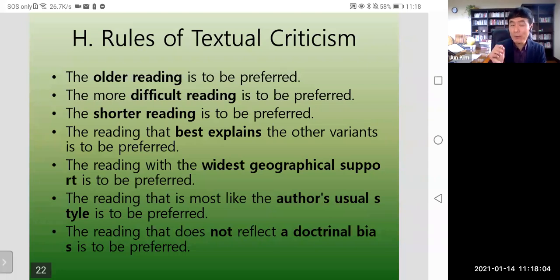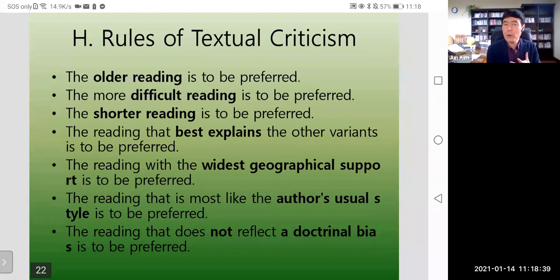The reading that is most likely the author's usual style. So when you have a problem, you need to start reading the whole chapter, or even from the beginning of this book, to see the usual pattern of writing. The reading that does not reflect a doctrinal bias is to be preferred. This is another possibility. When people were copying the Bible, they had their own doctrine.